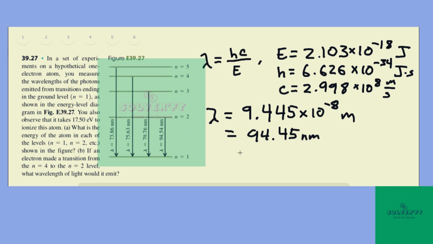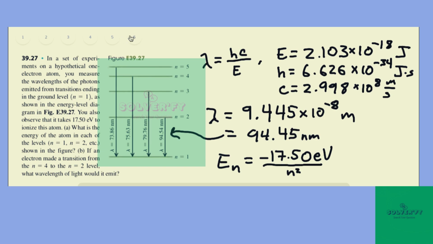So clearly there were some rounding errors in there somewhere, but that's close enough to confirm that we have the correct equation for our energy states.